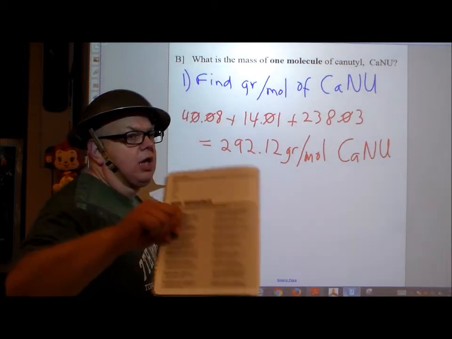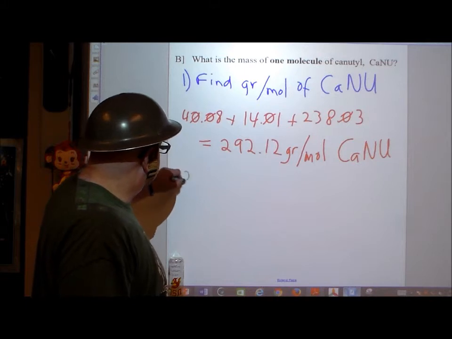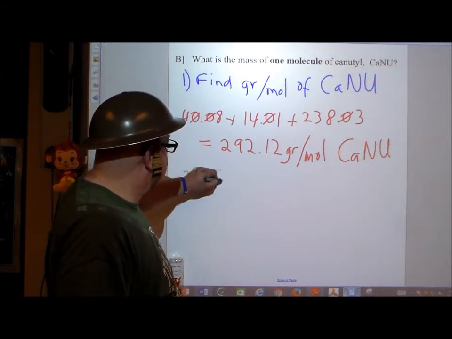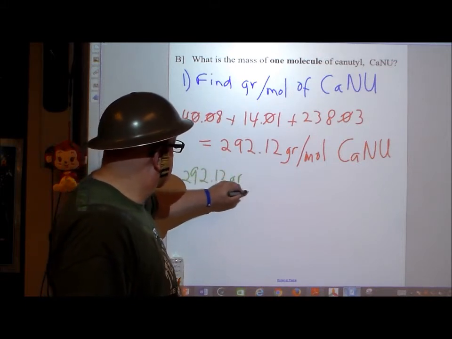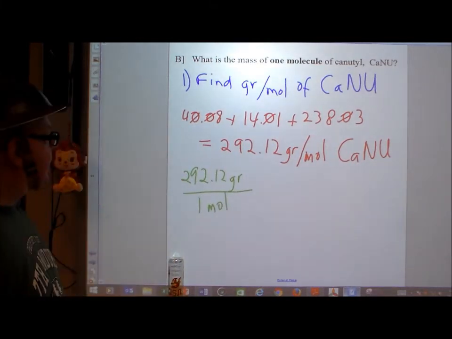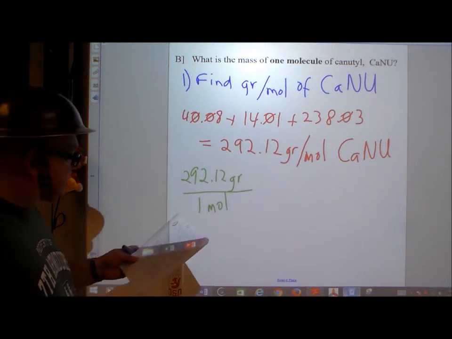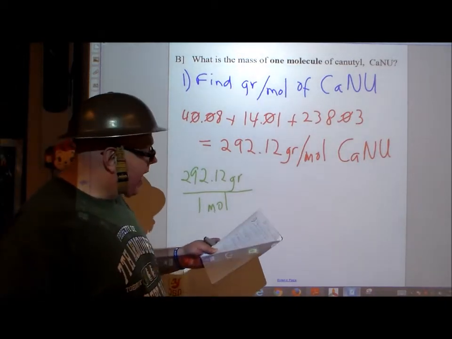Because that's how many molecules there are in a mole. So as I say, 292.12 grams to 1 mole. So this is what I'm going to do here. And I need to change this to grams to 1 molecule.